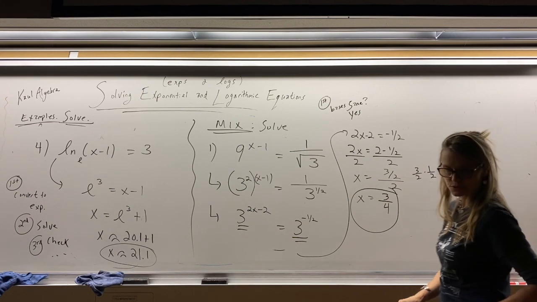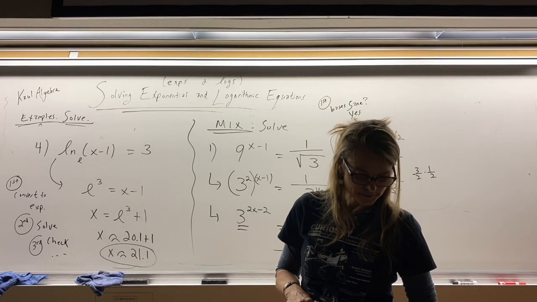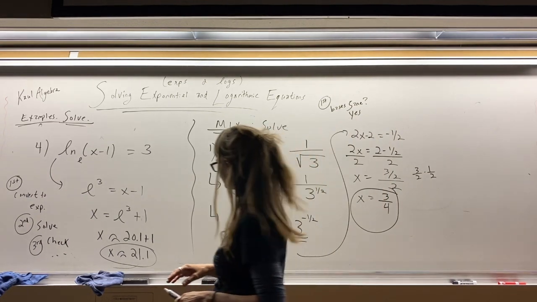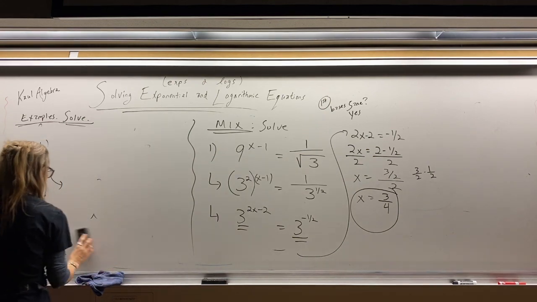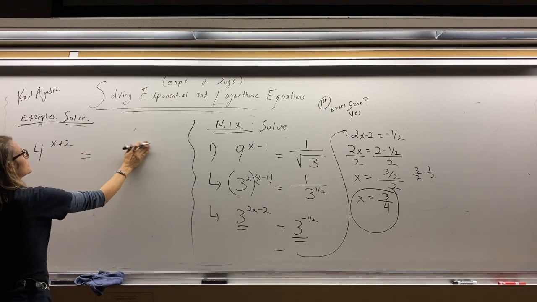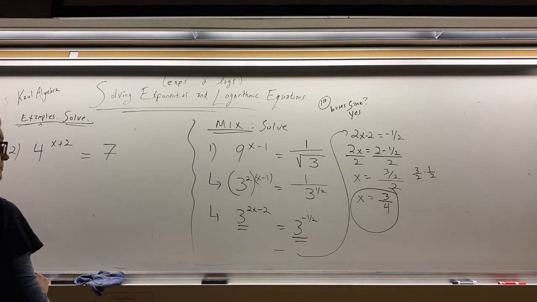Okay. So number 2, let's look for another problem. Maybe not so evident. Let's see here. Number 2, if we had this, we obviously can't make the bases the same.